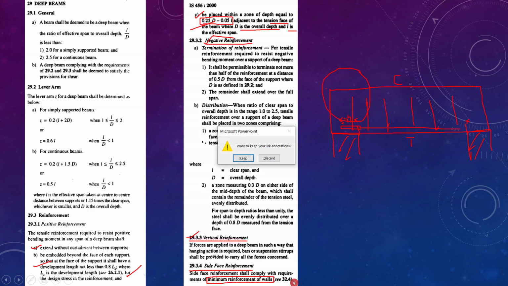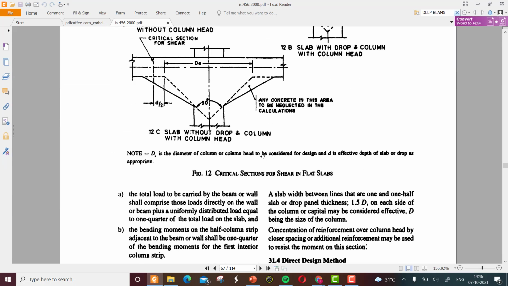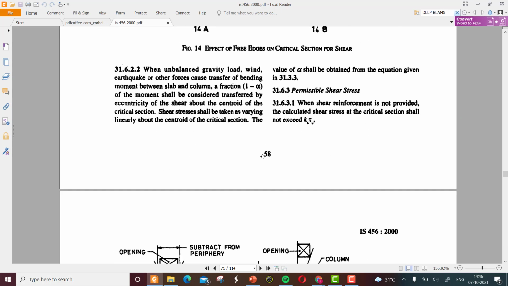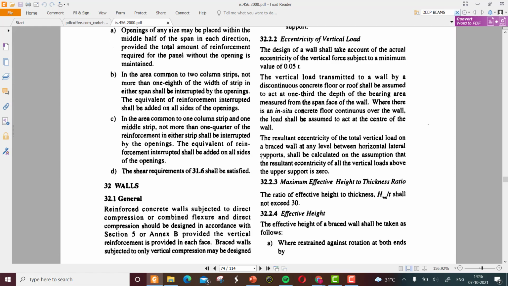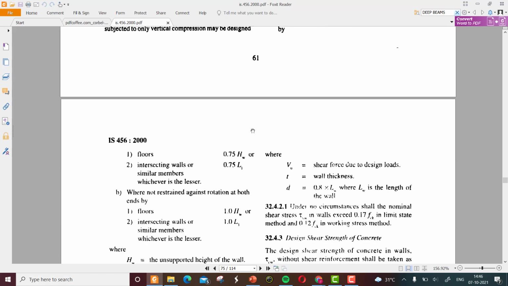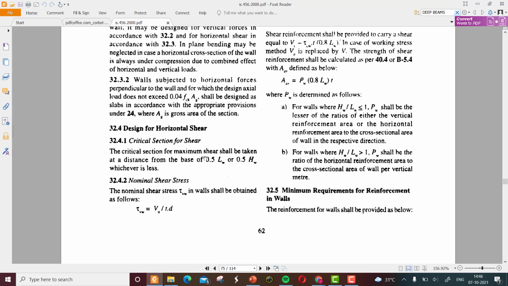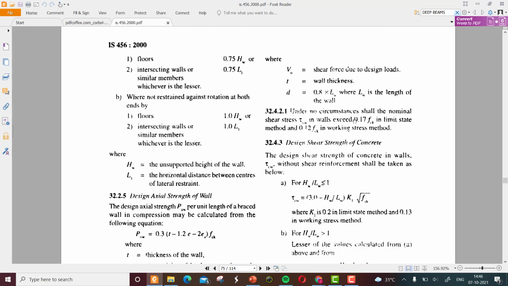So 32.4 is on the design for horizontal shear, critical section for shear, nominal shear stress, and 32.4.1, 32.4.2.1.